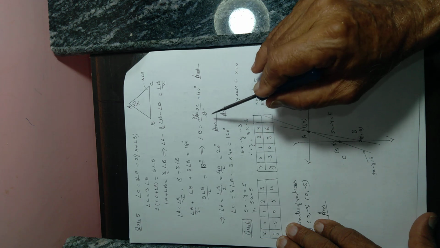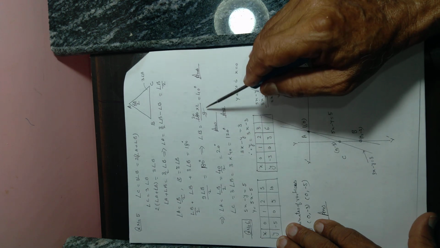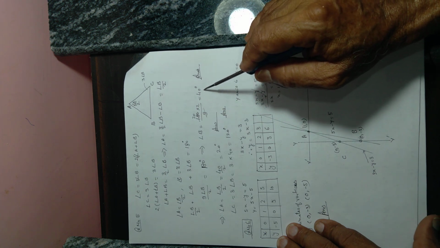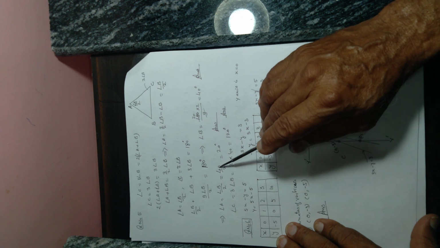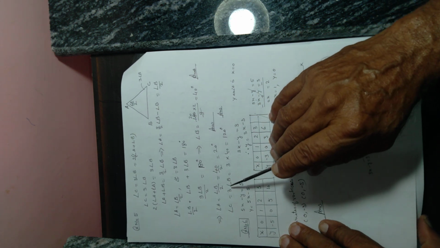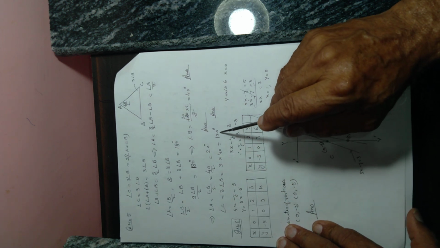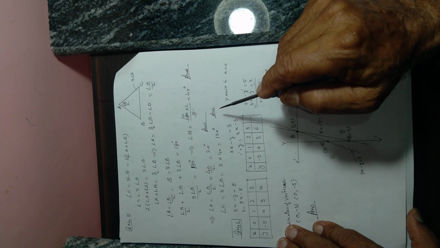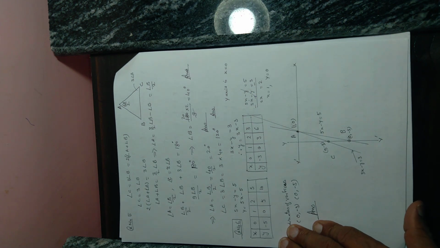Therefore, angle B will be equal to 180 into 2 divided by 9. It will be equal to 40 degrees. So angle A is angle B divided by 2, that is 40 divided by 2, that is 20 degrees. Angle C is thrice of angle B, that is 3 into 40, which is equal to 120 degrees. This will be the answer of question number 5.